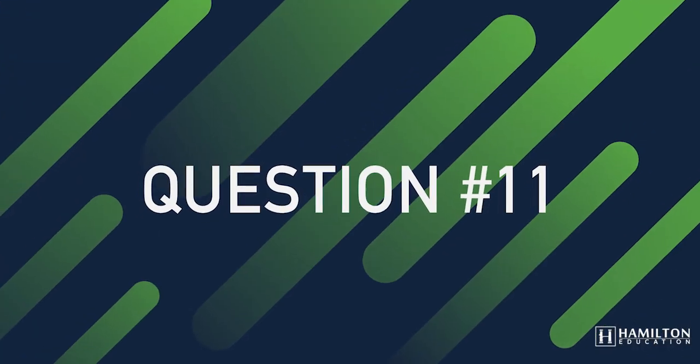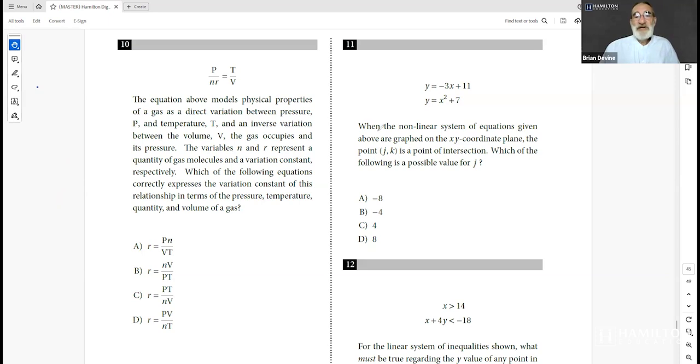Question 11. We're given two equations, a nonlinear system, so these will either cross or not cross, we'll see what happens. When the nonlinear system of equations given above are graphed, well, that's a good way to solve it, on the xy coordinate plane, the point J, K, or the xy point where they intersect, what's the value of J?